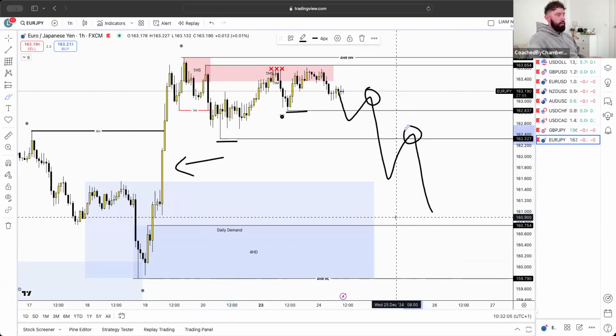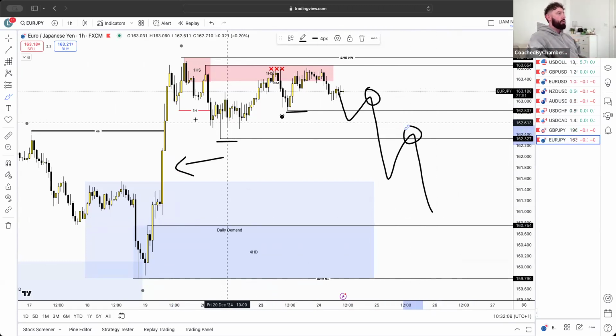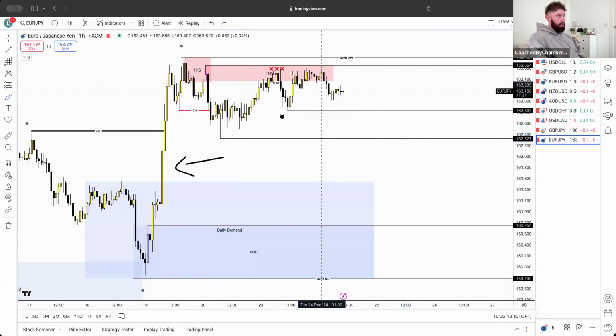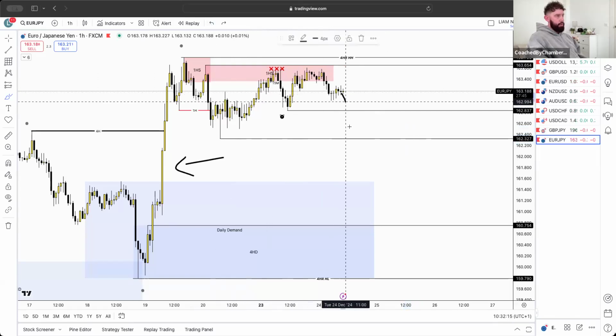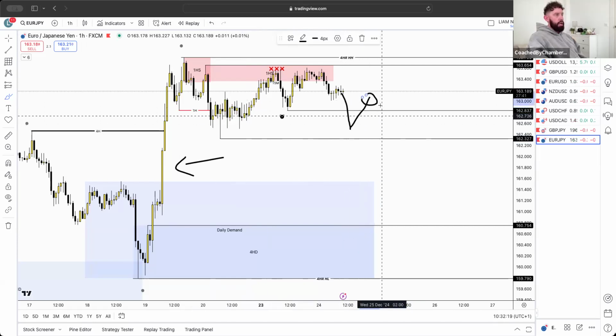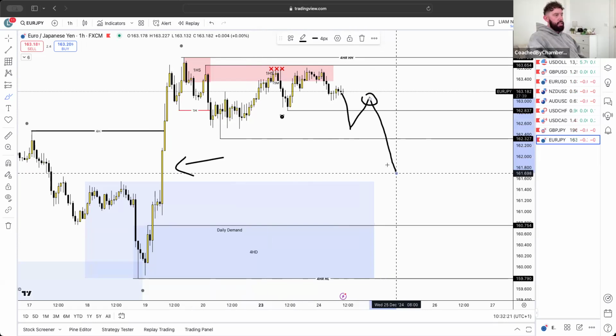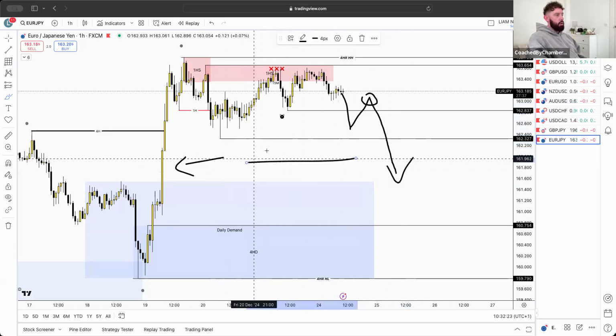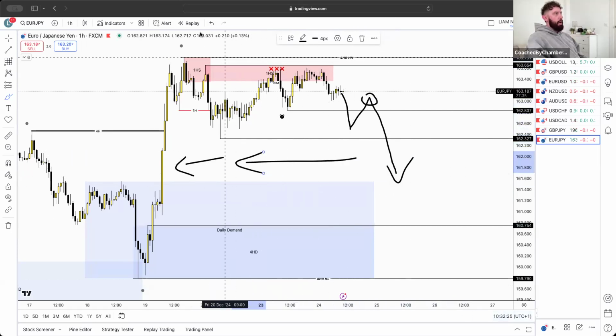And I would also then fully be happy with selling EJ. So that is my predominant thoughts. We are currently reacting out of this 1 hour supply area, but we need to see a break. We need to see a break, and then you could be more confident to participate in selling this downwards to rebalance this whole leg here.